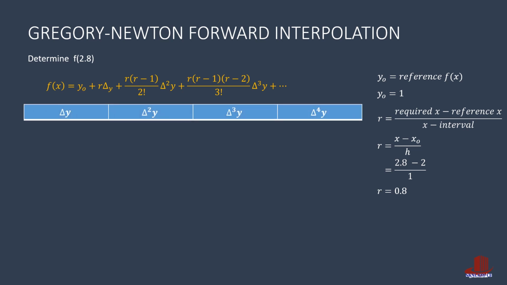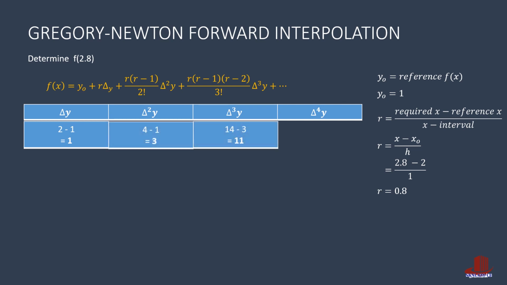For the deltas, delta y uses 1, delta squared y is 3, delta cube y is 11, and delta raised to 4y is 53. Place these identified values into the equation and have the f of 2.8 as 1 plus 0.8 times 1, plus the next term as 0.8 times 0.8 less 1 upon 2 factorial times 3.